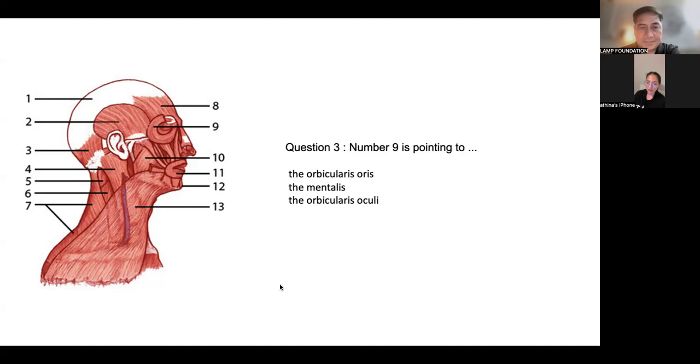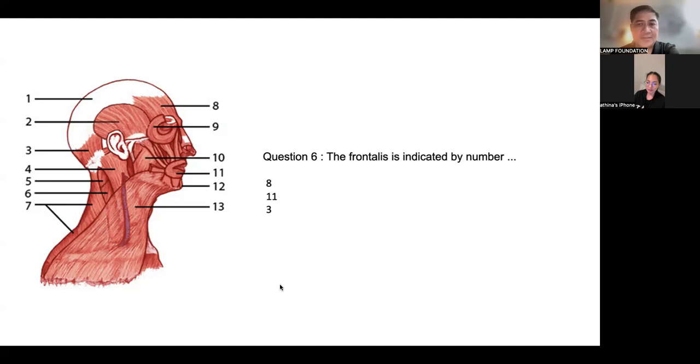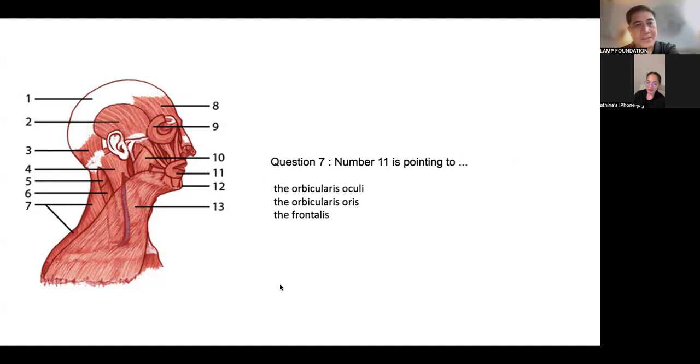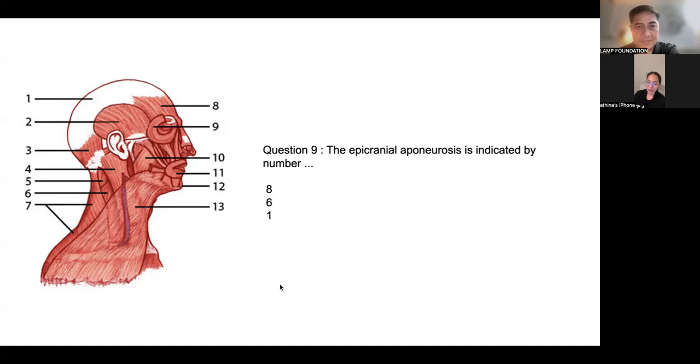Number 9, the orbicularis oculi. Number 2, that's the temporalis. Frontalis, that's number 8. Number 11, the orbicularis oris. Occipitalis, that's number 3.